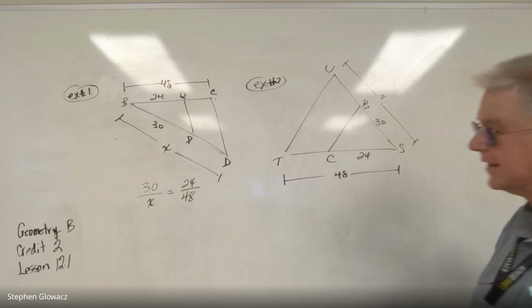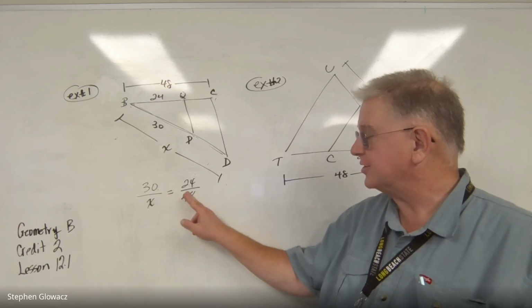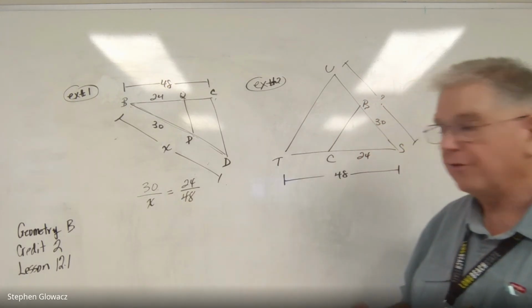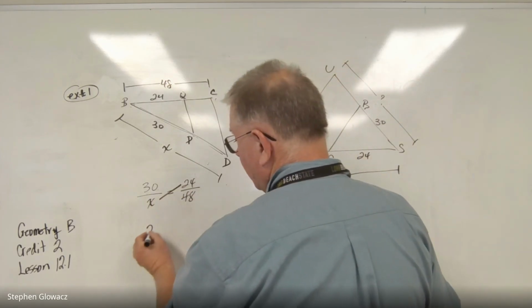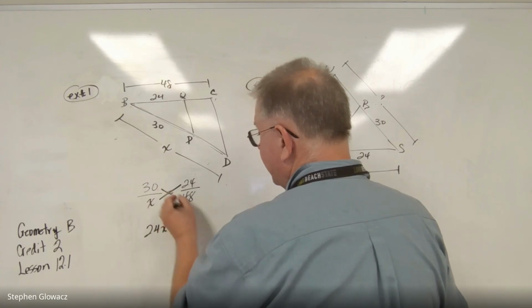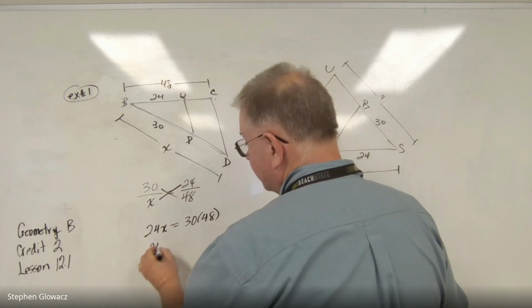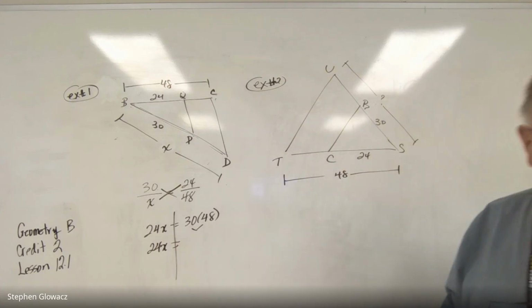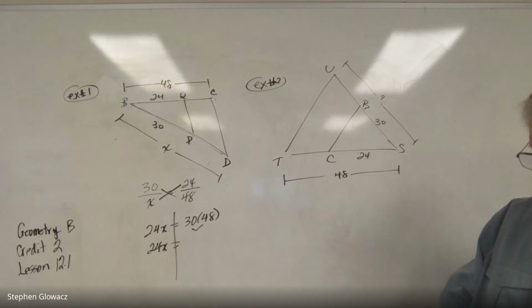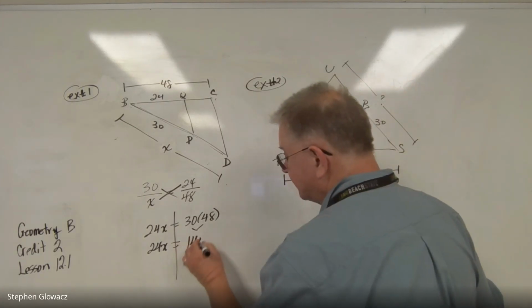All right, so once again, we have a proportion, which again, a proportion is just two fractions that are equal to each other. And the way we solve a proportion is by cross multiplying. So we have 24 times x, and then 30 times 48. We bring down that 24x, and then we're going to simplify that 30 times 48. 30 times 48 gives us 1,440.